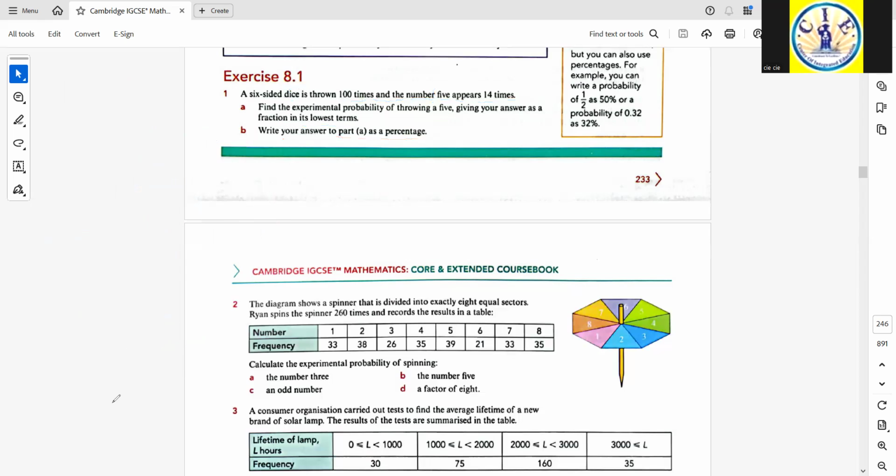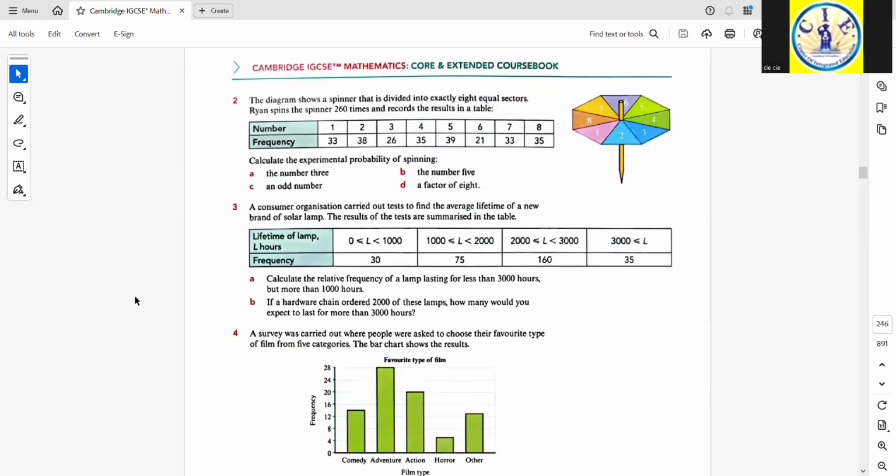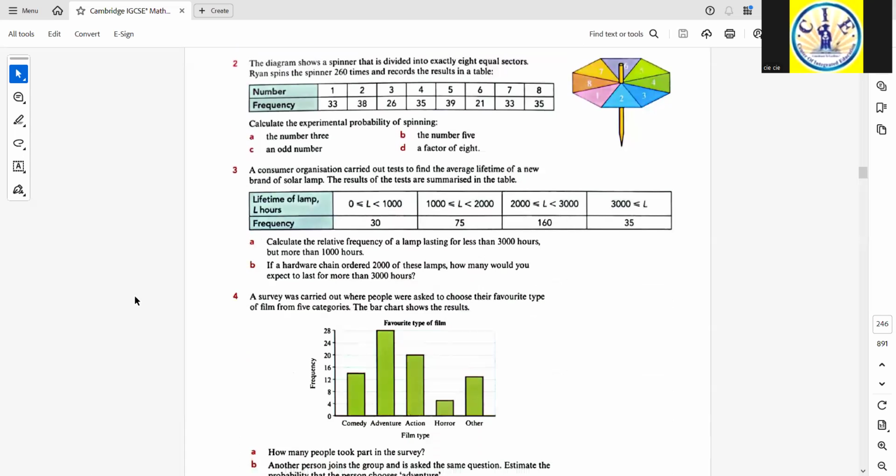Then it is question number 2. The diagram shows a spinner that is divided into exactly 8 equal sectors, which are labeled 1, 2, 3, up till 8.